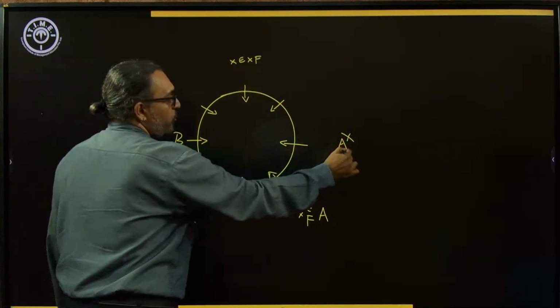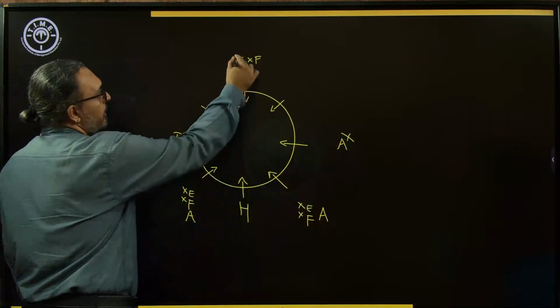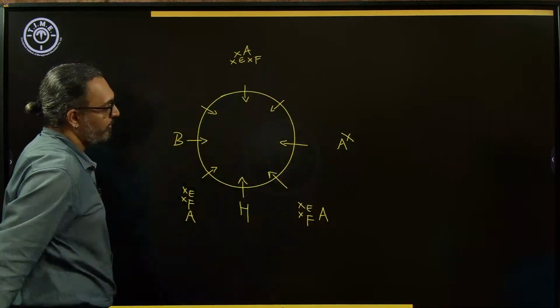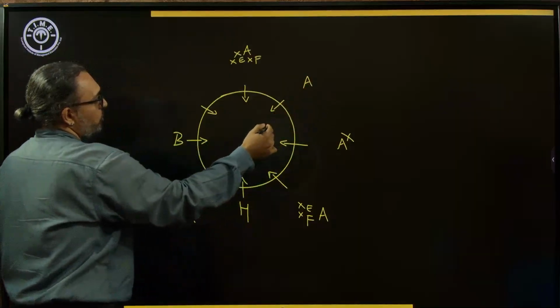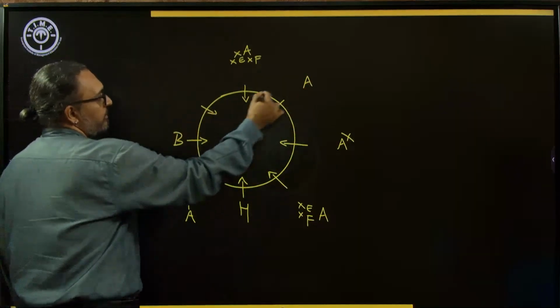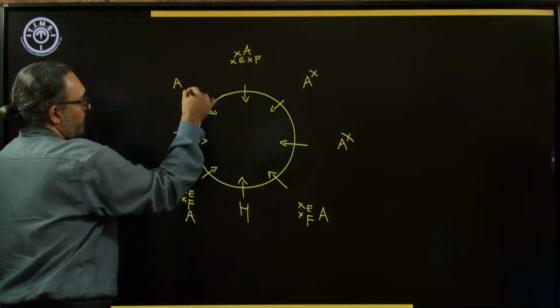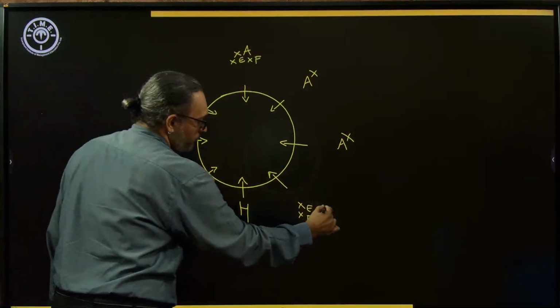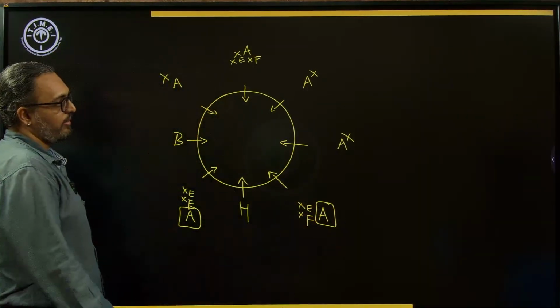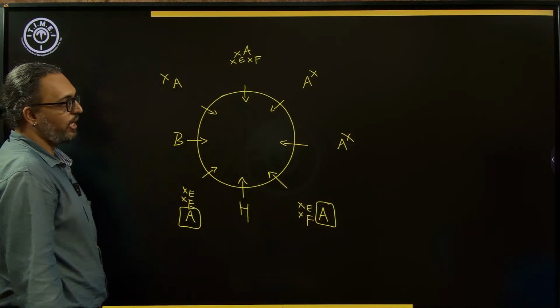Opposite A, you need E. So B cannot be. Then here also you can remove A. Then can I have A here? 3 places to the right: first, second, third. Not possible. Can I have A here? First, second, third. Not possible. So basically, there are 2 positions where you can have A.